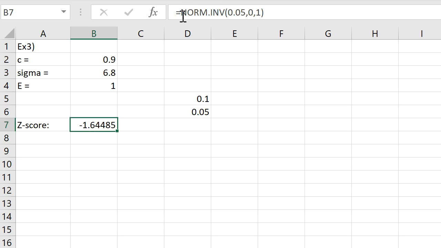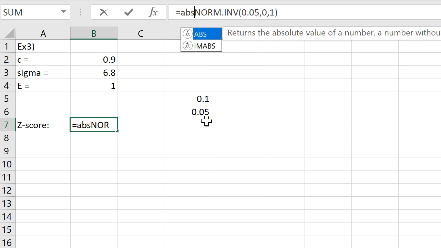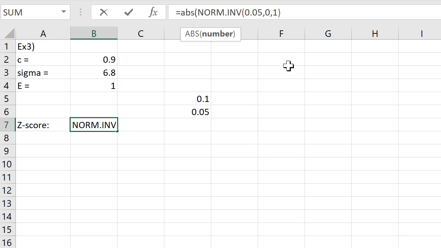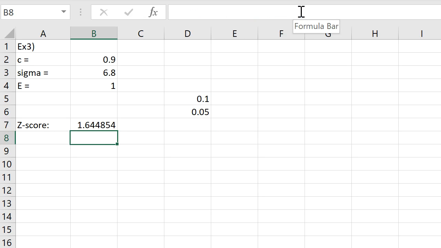Now, we just want the Z itself, not the negative. So I'm going to do one more thing here just to turn it positive. I'm going to put ABS and parentheses around this whole thing. All that does is take the number and make it positive. It didn't change the number at all, but it made it positive.